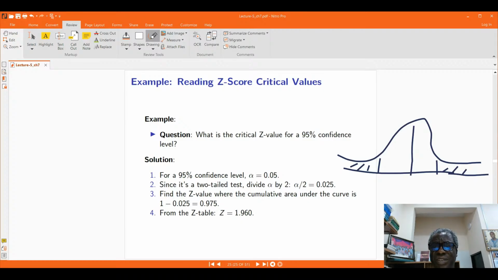I will need to change this screen again. Just a minute. We are going to use our table again.